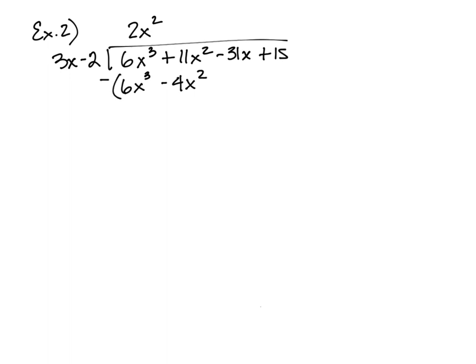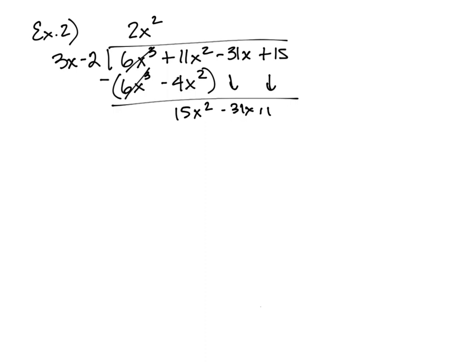We're going to subtract that whole piece. So now we have 6x cubes cancel. 11 minus negative 4, so 15x squared. Good. Pop down that negative 31x.